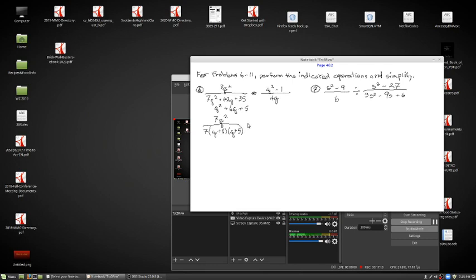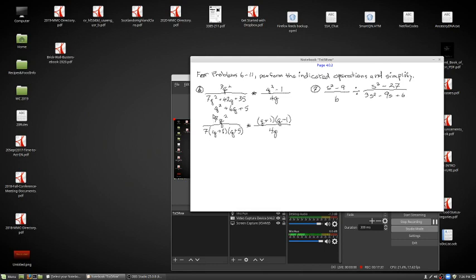Okay, so that fraction times our second fraction. The numerator factors into, since it's a difference of squares, q plus 1 times q minus 1. And then 4q for the denominator.